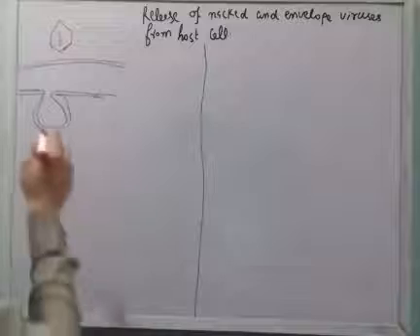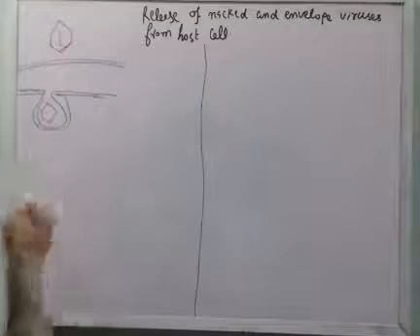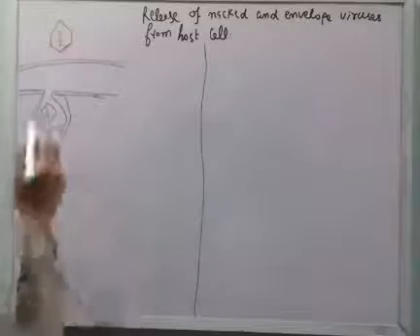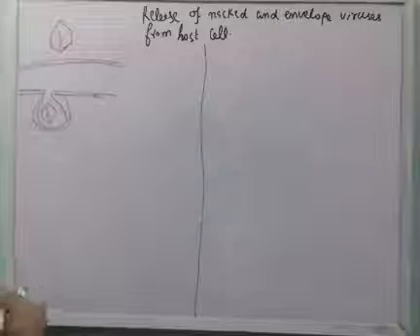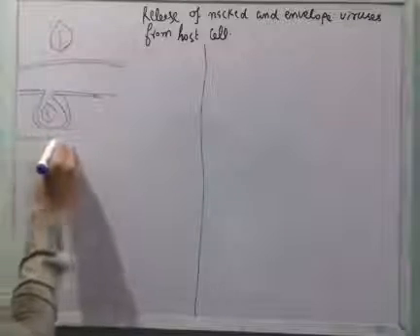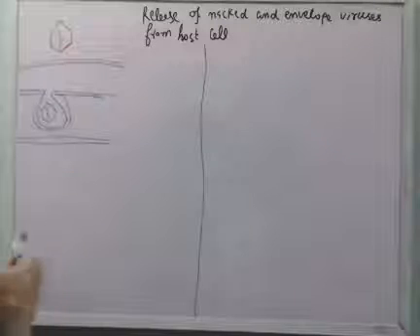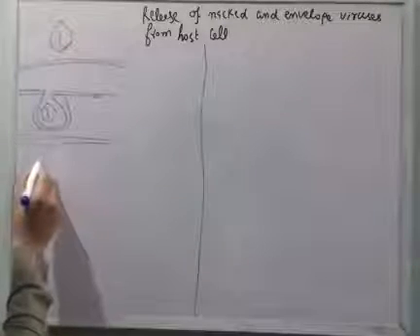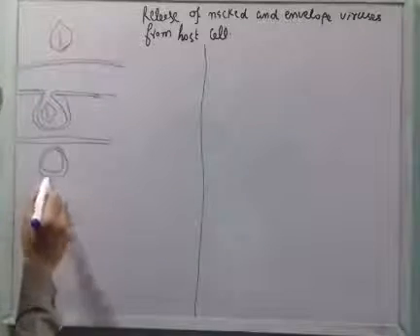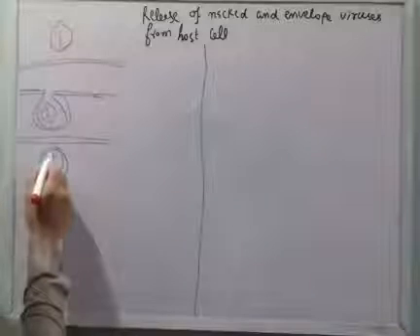Here we have a naked virus because they don't have an envelope, and it has the genetic material as well. After that we get a complete engulfment of the naked virus. So we see that endosomes are made around the naked virus.